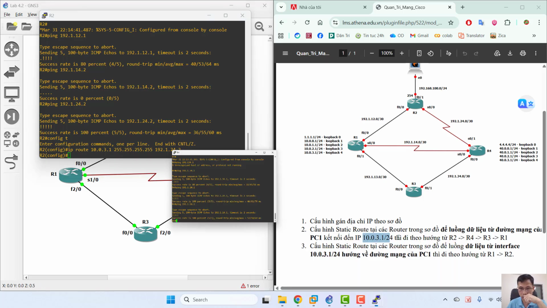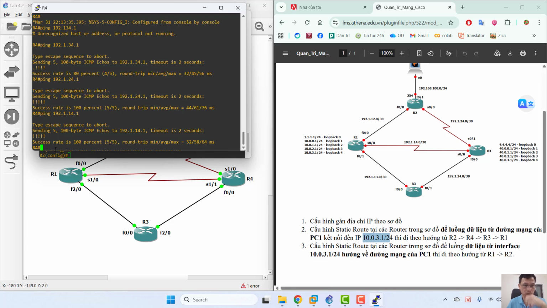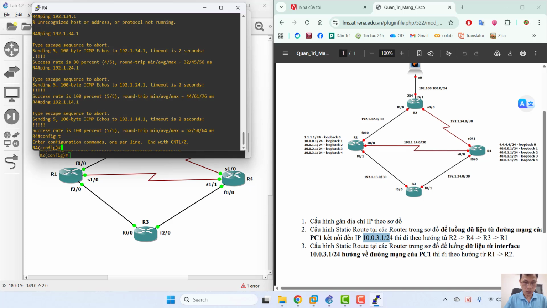So in router 4 I configure the IP route 10.0.3.1, 255.255.255.255, will go to this port.